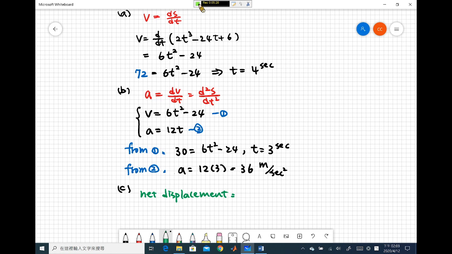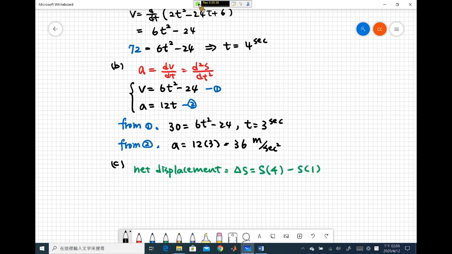That means it's the position difference between the position at 4 seconds minus the position at 1 second. So you can directly plug into the original equation and calculate the position difference. Then you obtain the answer. So finally, it's 54 meters. Okay? So it's quite straightforward.